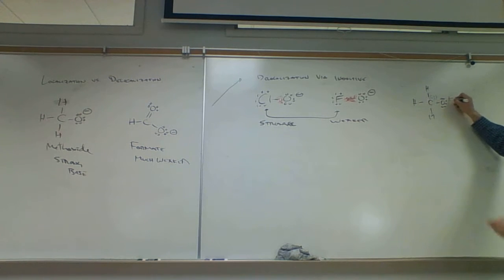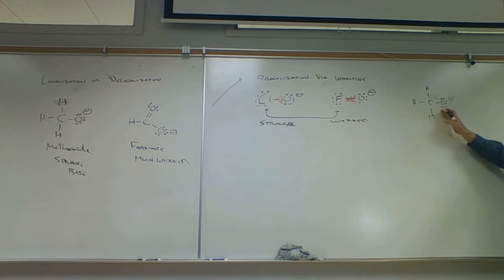Does that minus 3 charge want more electron density? That absolutely does not want more electron density. So it's going to push that electron density out. It's already electron rich. And so the negative charge here is going to be more localized on the oxygen, because carbon doesn't want to take any of it.